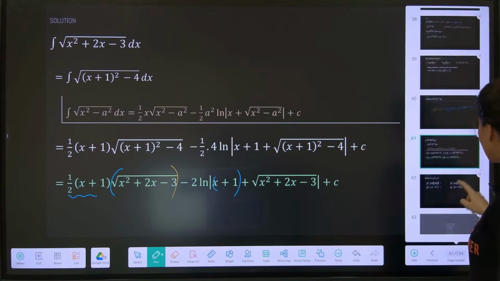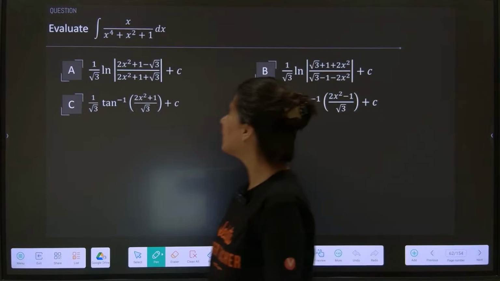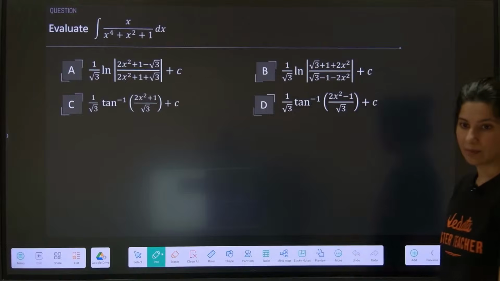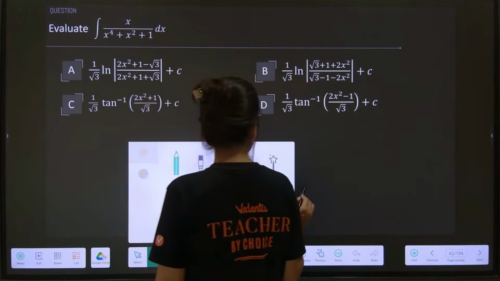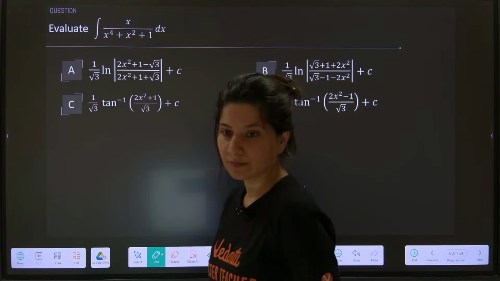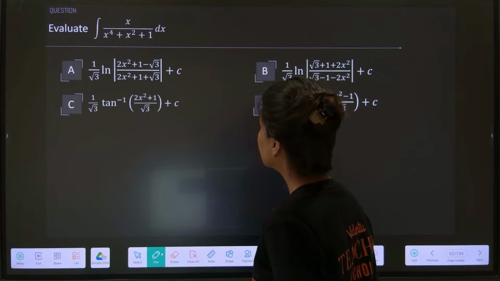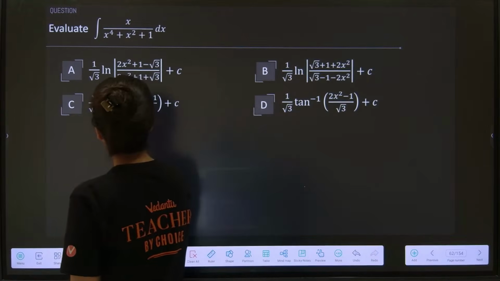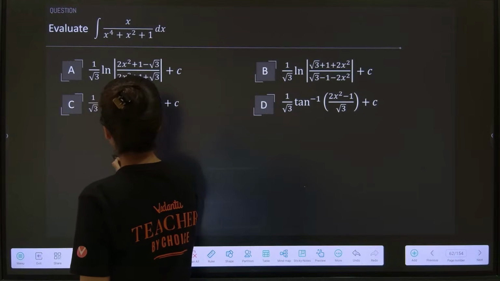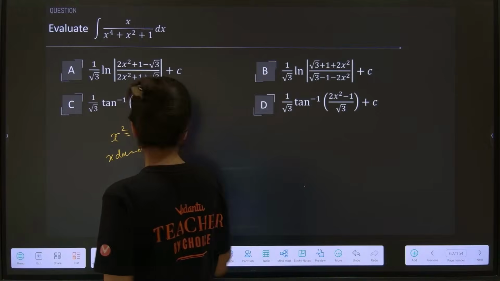So this is how it is. Now the next question. Integration of x upon x power 4 plus x square plus 1. So now this time x square will be assigned as t, so that x dx will become dt upon 2.